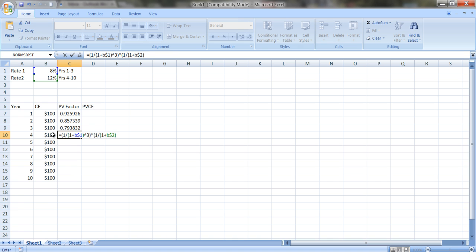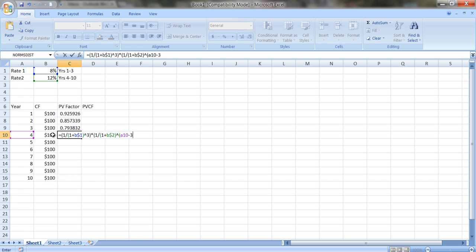So we should put this in as raised to the power of, let's see if I can get this right, what's in cell A10 minus 3.